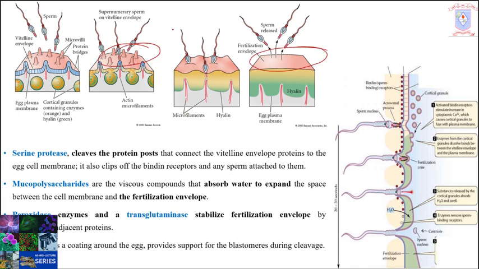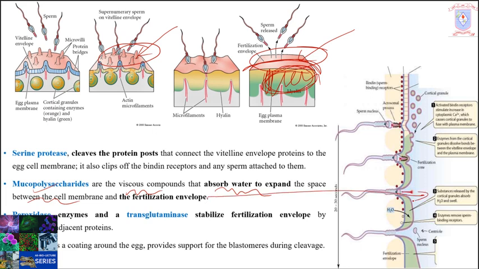Here you can see the microvilli, but here you cannot see the microvilli. They get flattened, and also this area gets widened. So this widening of the area is the result of the action of mucopolysaccharides, which are viscous compounds that absorb water to expand the space between the cell membrane and the fertilization envelope. Here you can see the substance released by the cortical granules absorb water and swell.